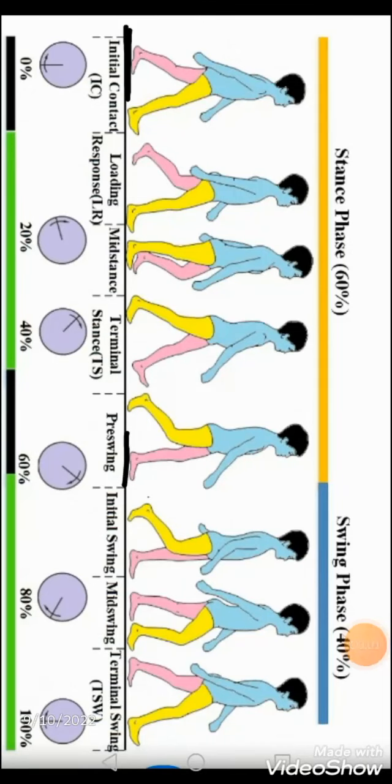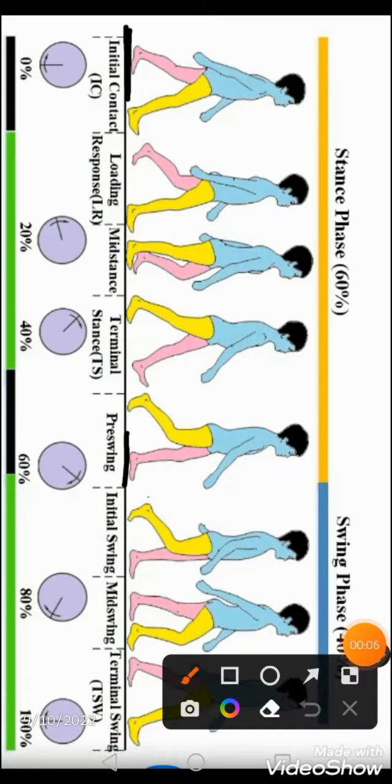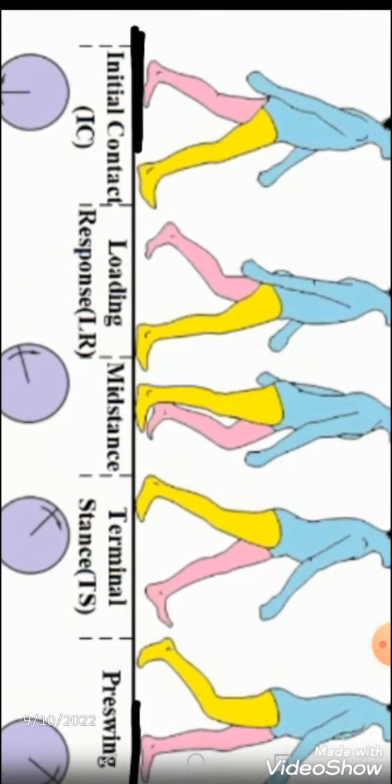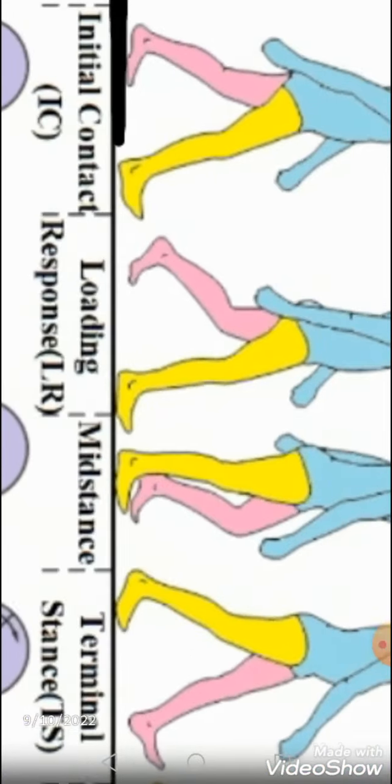Now we have to discuss various phases of the gait. The stance phase, which comprises 60%, starts with the initial contact, and for this we have to focus on the right leg shown in yellow color, right? Now concentrate one by one. We have to see the yellow leg and foot.